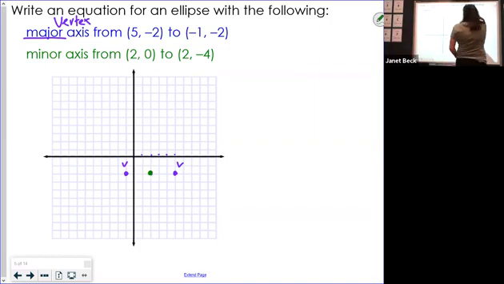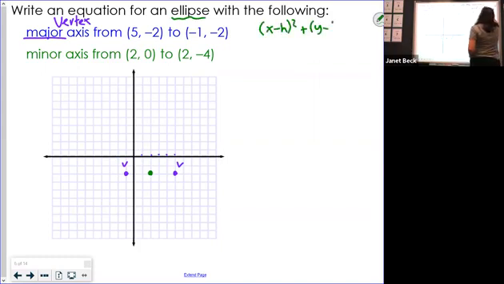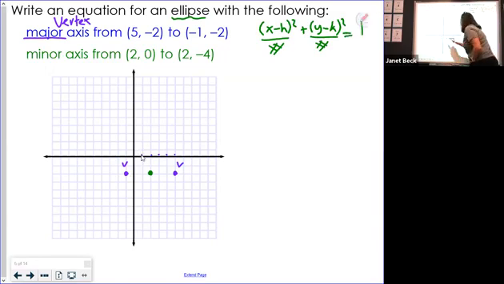And when I write the equation of an ellipse, I know I'm going to be doing x minus h squared plus y minus k squared over a number equals 1. Okay? And my h and my k are going to be from this point here. I've just worked out the center is halfway between those.